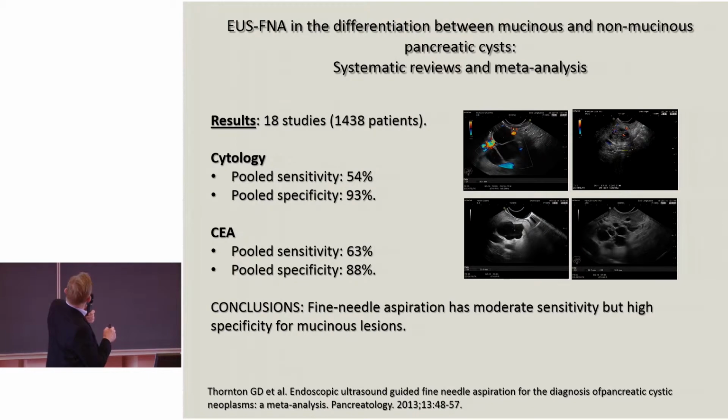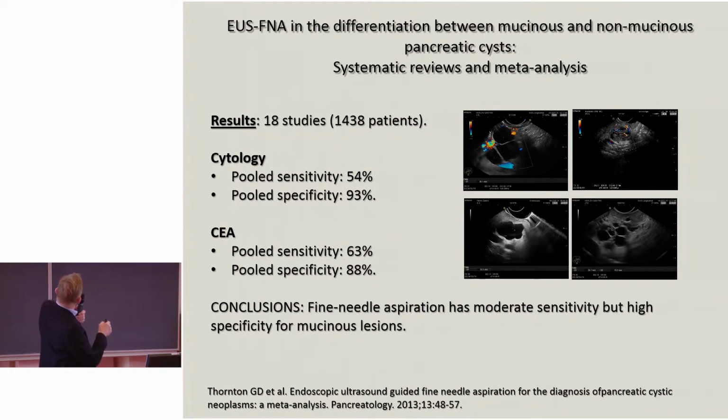And it dropped even a little more with the sensitivity of about 50%, which is far below acceptance. However, we stick a needle into it and we examine these patients because now and then we get the diagnosis.